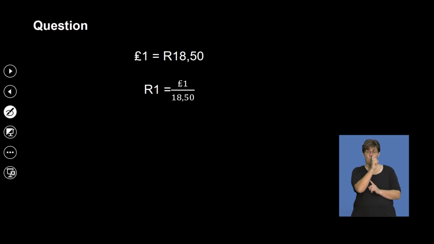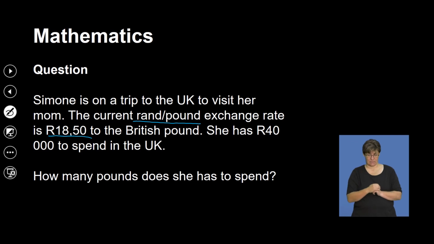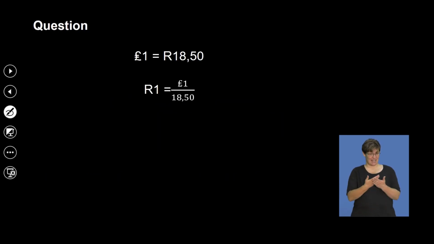If I want to convert around, it means 1 rand is actually going to be 1 pound over 18 rands and 50 cents, right? So just to quickly go back to the question, remember that she has 40,000 to spend, right? And we want to convert that into pounds.